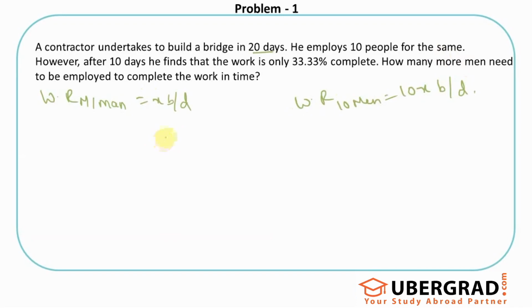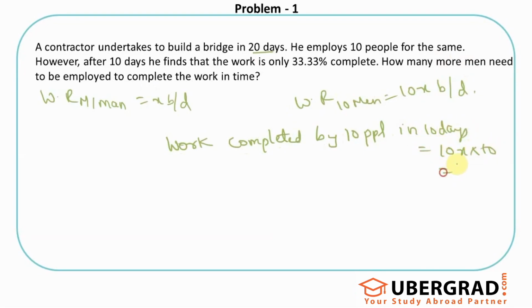So how much work would they have completed in 10 days? Work completed by 10 men in 10 days would be, they'll be putting 10x bricks every day, for 10 days they would have put 100x. What is the question saying? He finds that only 33.3% of the total work is complete.